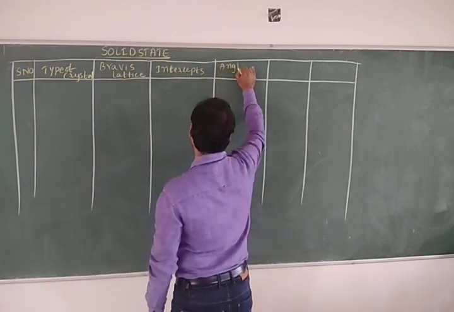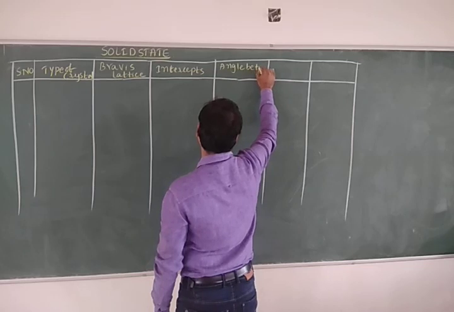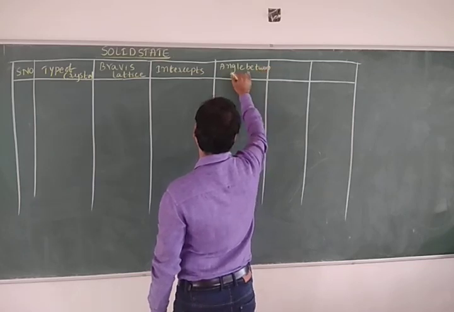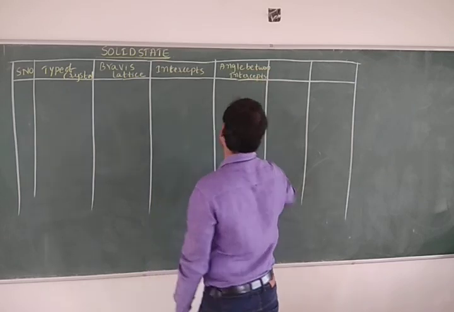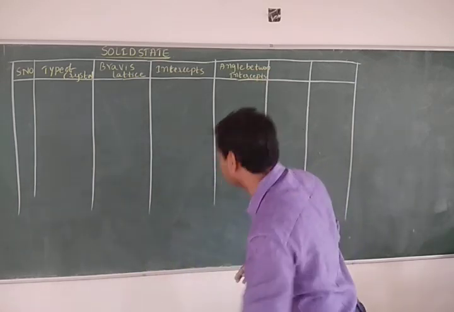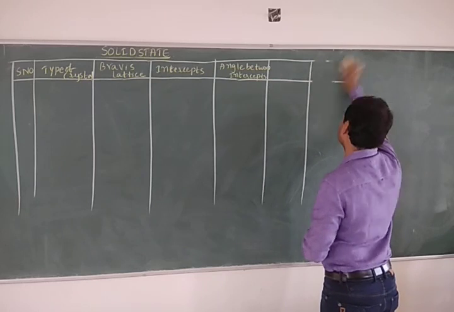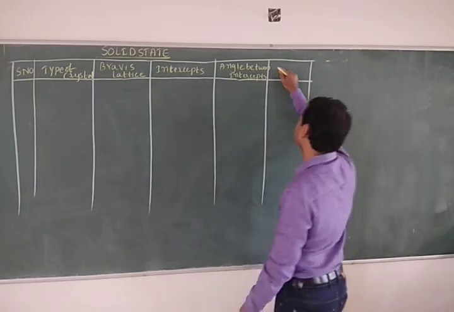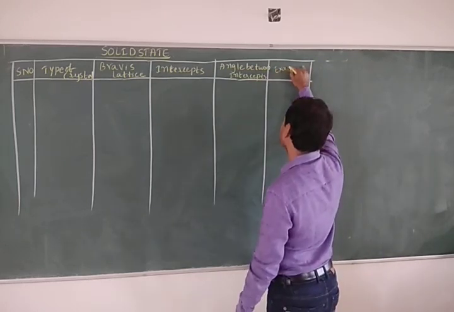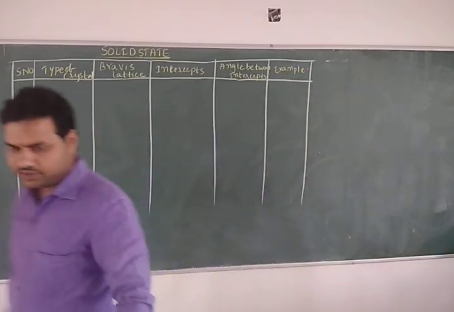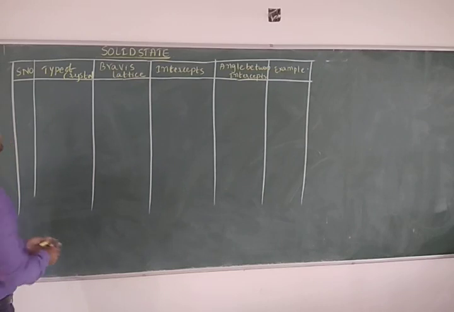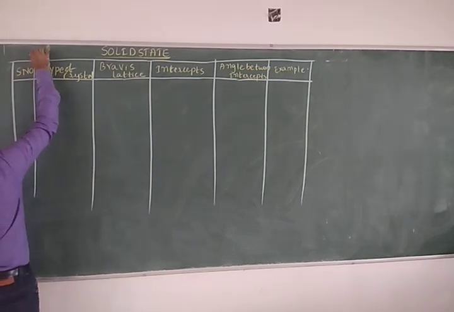Next we are writing angle between intercepts. In the last column we are writing example. This is a very important table for any competitive exam.